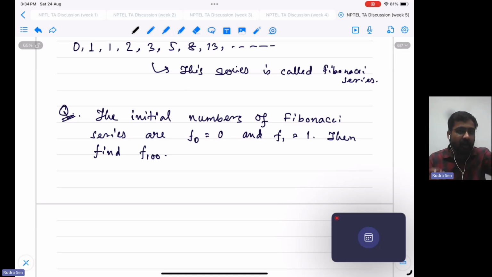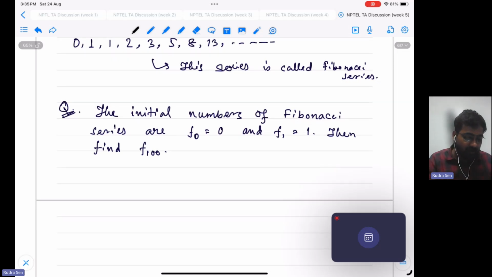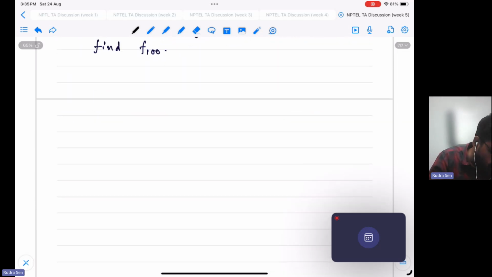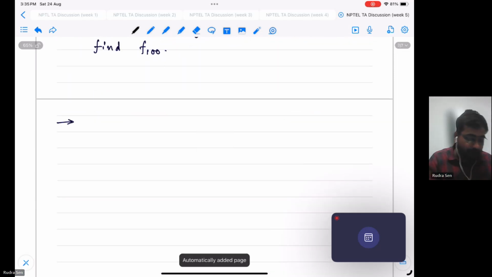Actually, it is the 101st element, because the zeroth element is 0 and the first element we termed as 1. So how do we find this element?